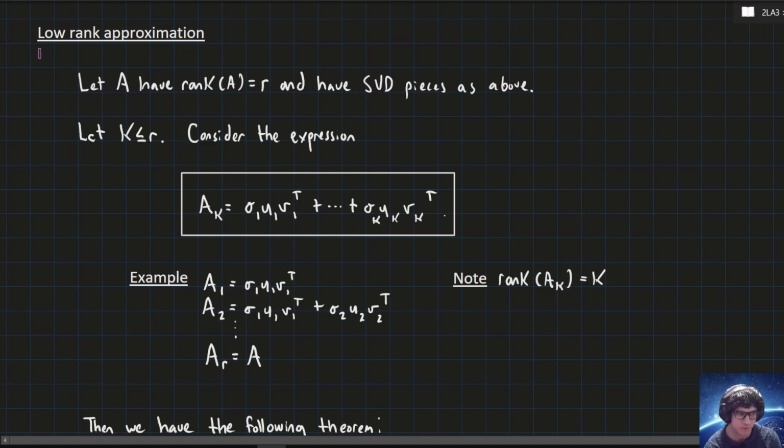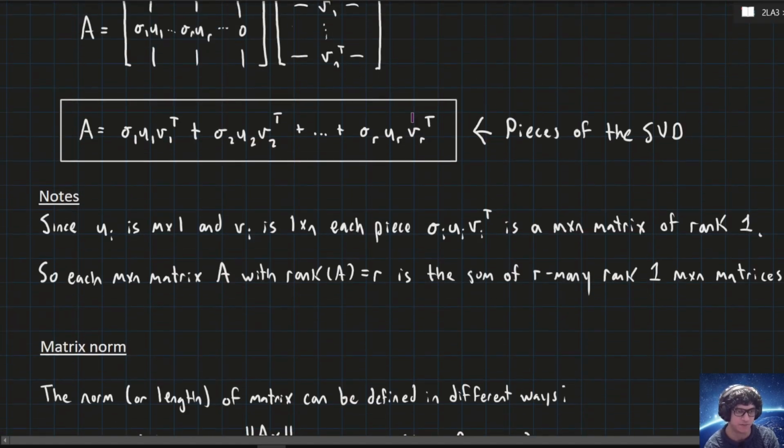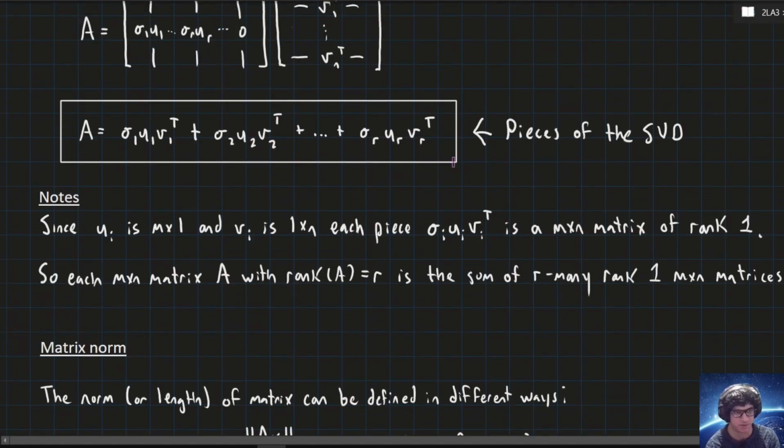Now we'll talk about low rank approximations. We'll start with some notation here. Let A have rank R, and suppose we have the SVD pieces above.